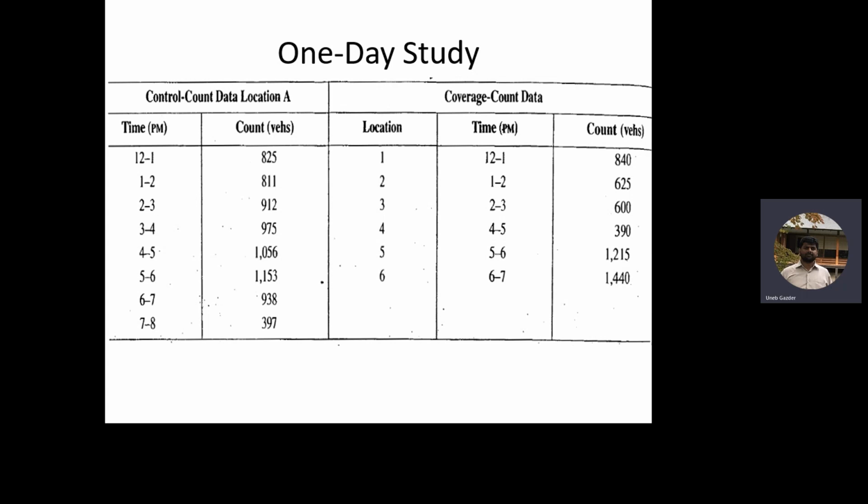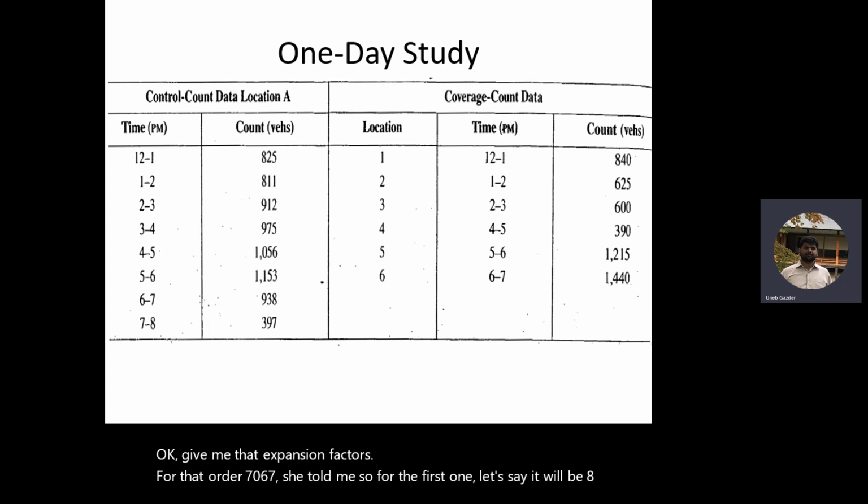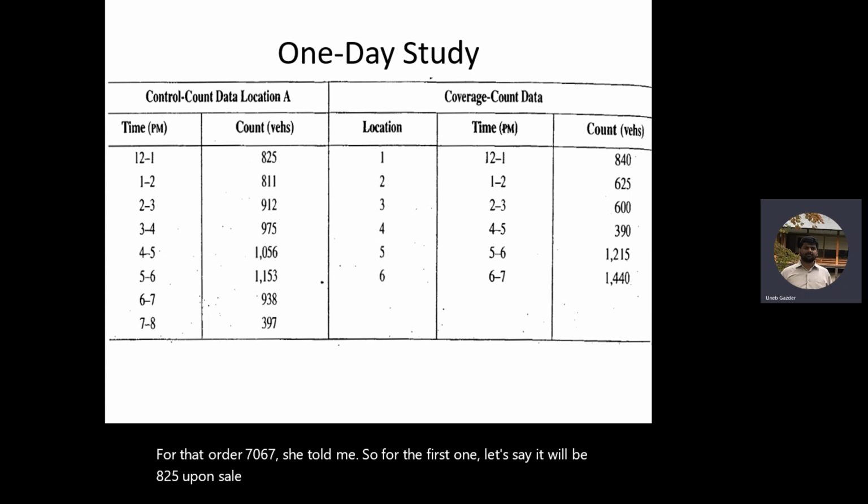Okay, give me the expansion factors. Over the total, 7067, which you told me. So for the first one, let's say it will be 825 upon 7067. 0.1167.